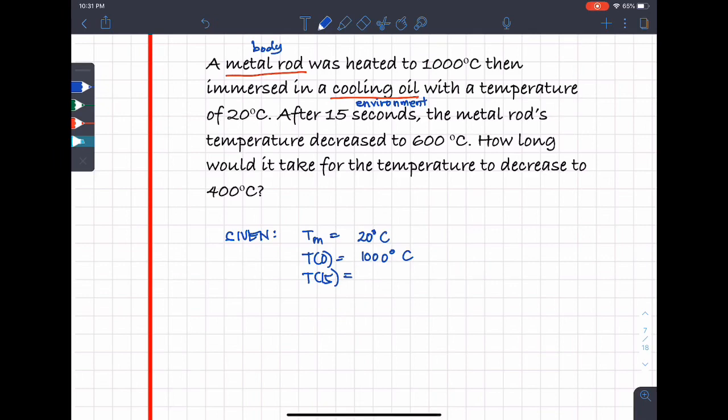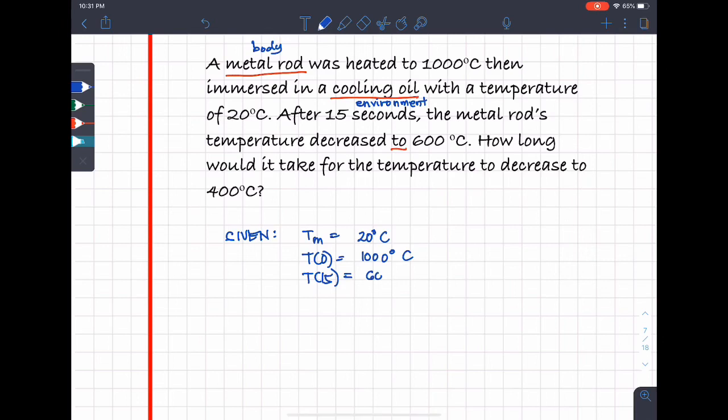the temperature decreased to, we have to take note here of the preposition that we are using. In this case, we are using "to." When we are referring to "to," that means that is already the final temperature. So 600 degrees Celsius.